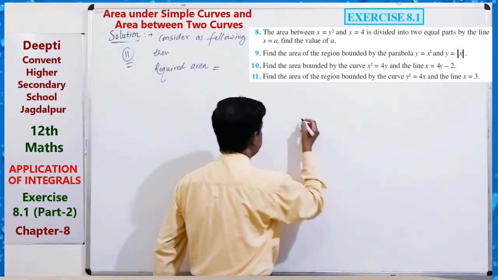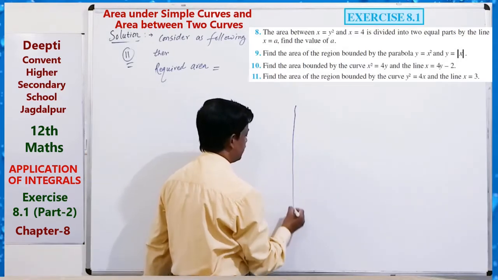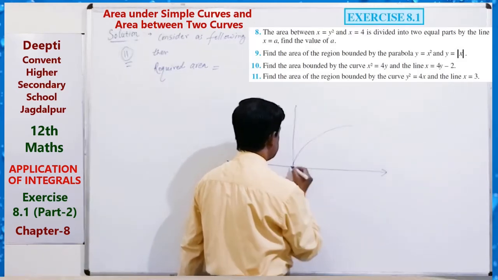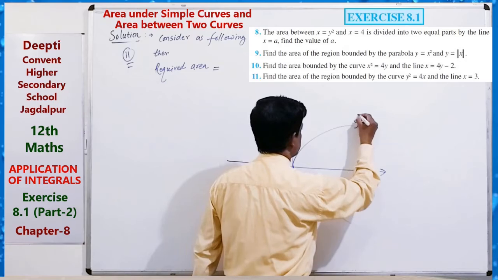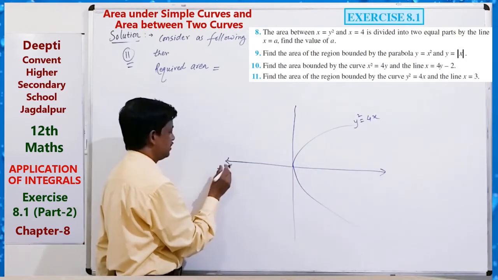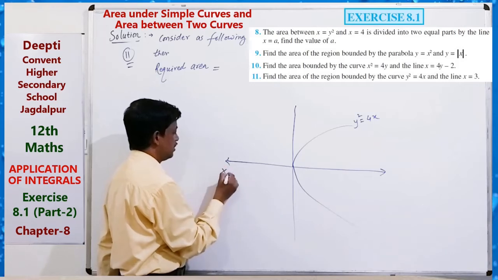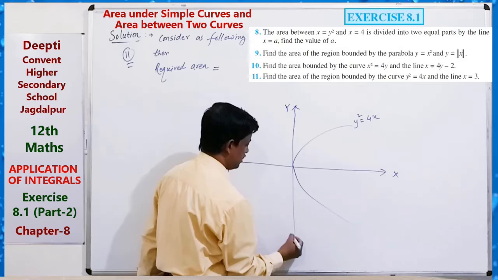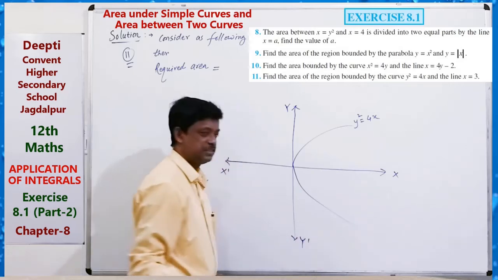What will be the diagram? This is y square equals to 4x. X dash, x, y, y dash. Clear?